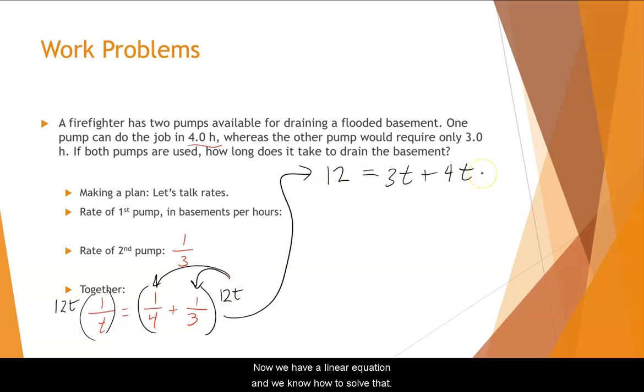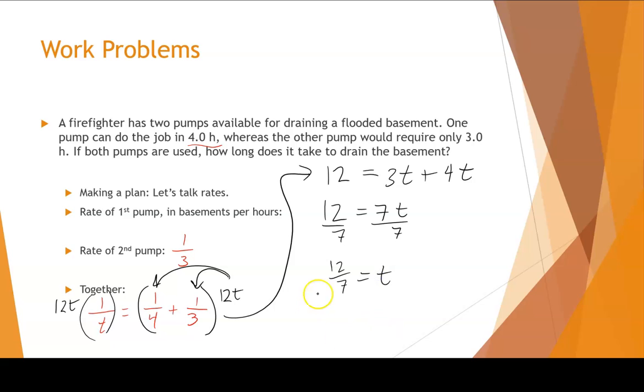Now we have a linear equation, and we know how to solve that. 12 equals 7t. Divide both sides by 7. 12/7 equals t. So we could say that the entire basement would be drained in 12/7 hours.